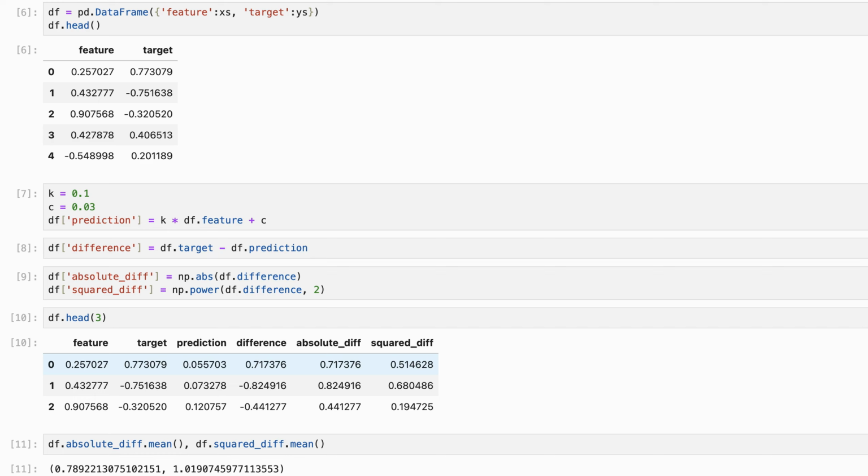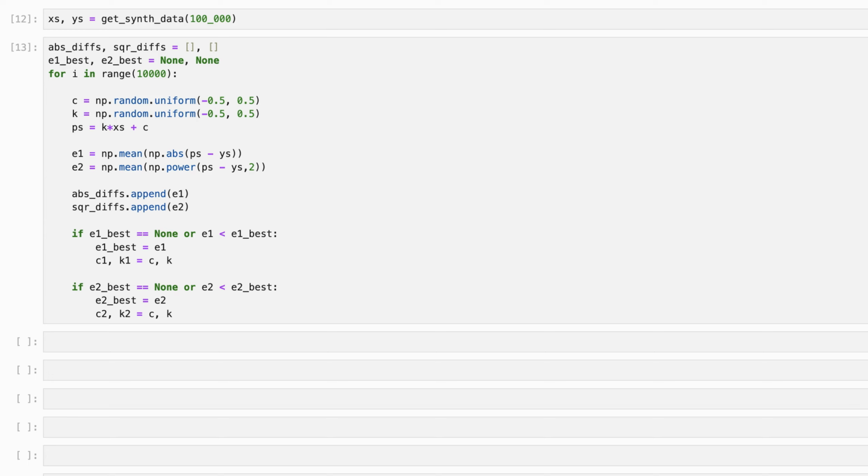Pick a random linear function with random values of parameters c and k. Calculate predictions using this function. Compute both metrics, mean absolute difference and mean squared difference. Keep track of the best model for each metric separately, saving parameters as c1, k1 for mean absolute difference and c2, k2 for mean squared difference.